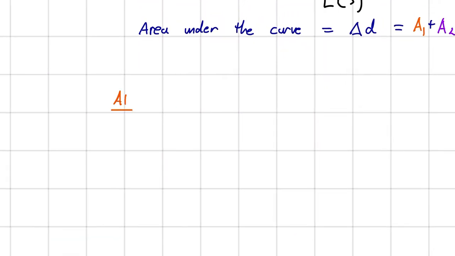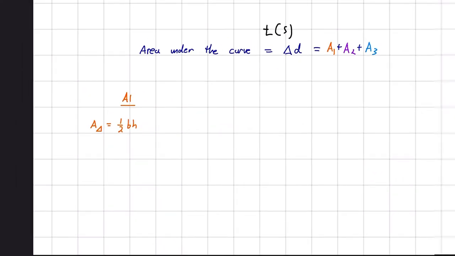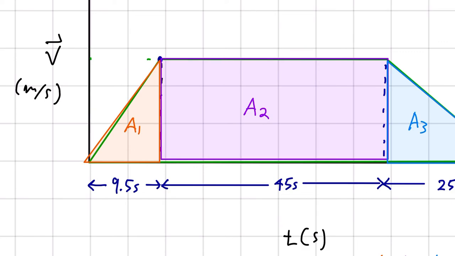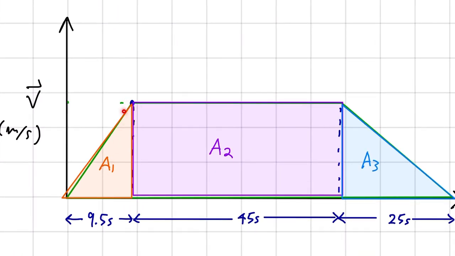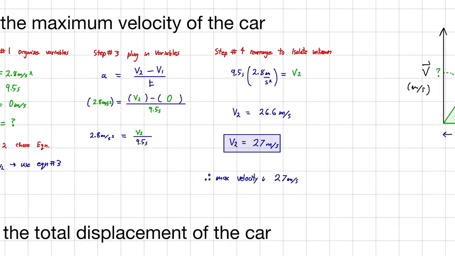So A1, we have a triangle. So the area of a triangle we know is 1/2 base times height. Now let's look. So this triangle, we have a base of 9.5 seconds, right? And the height, well, this height is actually the value that we calculated in the previous part.